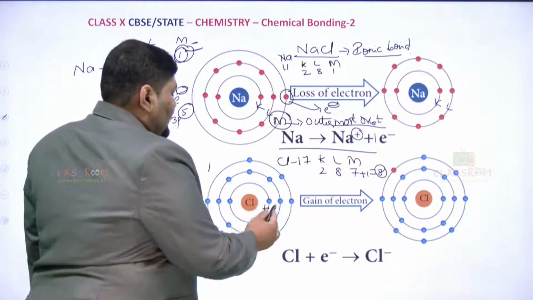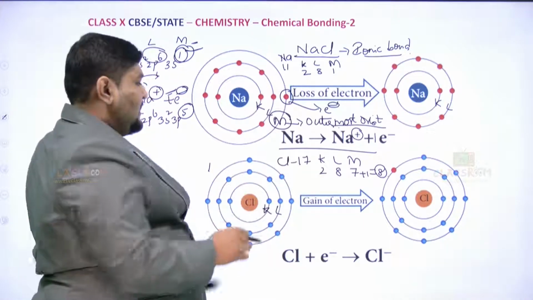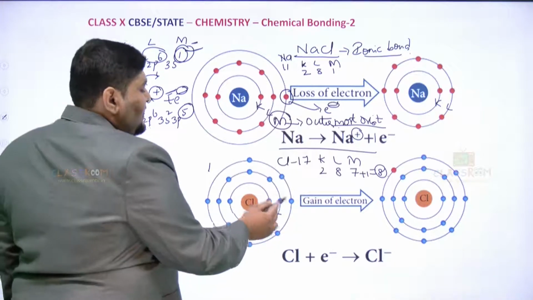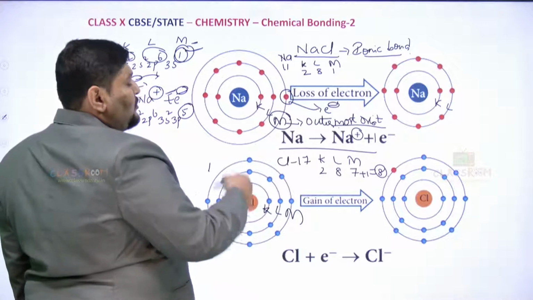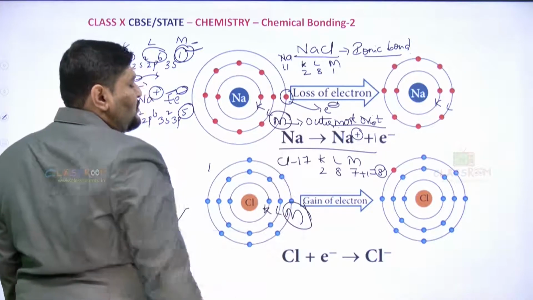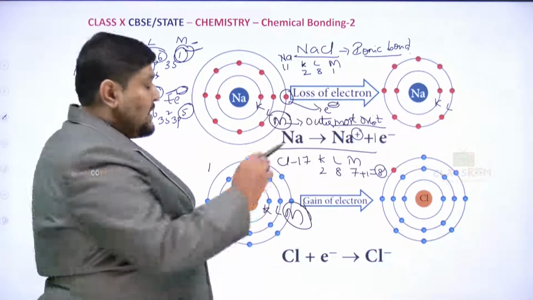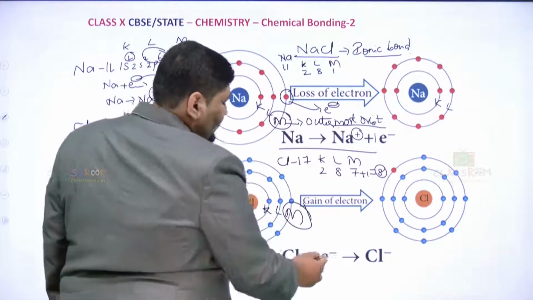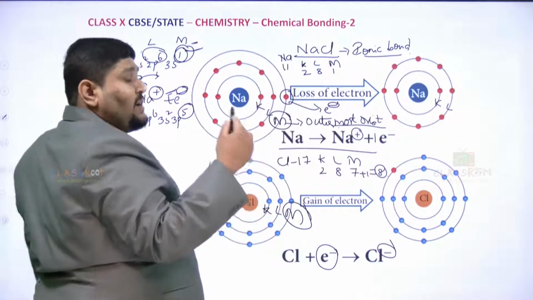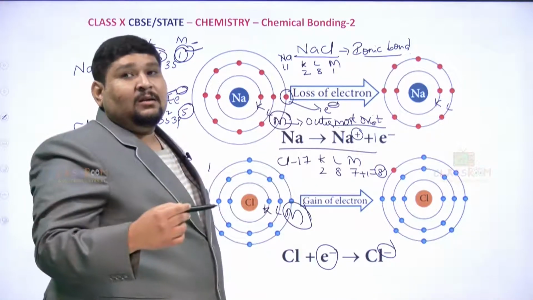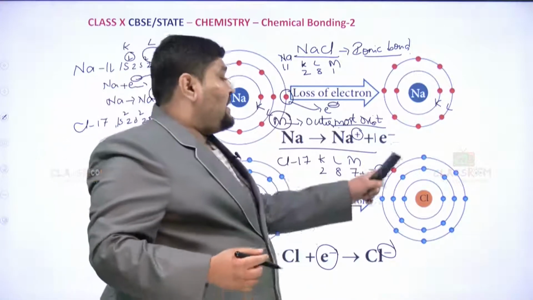This is the K shell, L gets filled with 8, and there are only 7 electrons in the outermost shell, where M is the outermost shell of the chlorine atom. When it gains an electron, it becomes a uni-negative ion by accommodating 8 electrons.